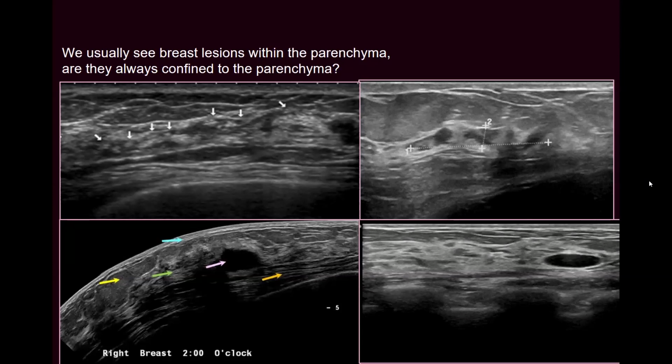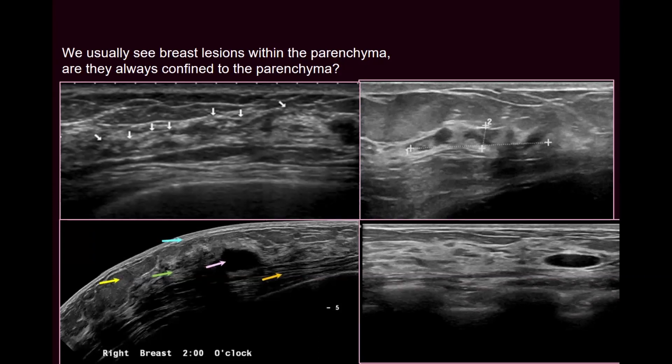Let me ask you in a different way. Do you expect to find any lesion arising from structures other than the terminal duct lobular unit or duct in the breast?